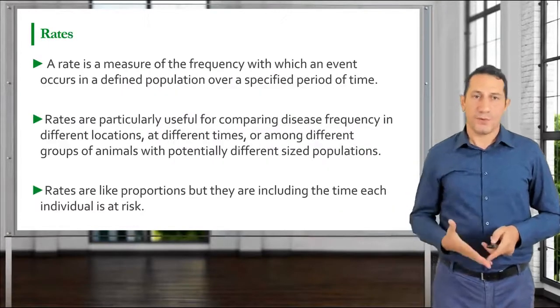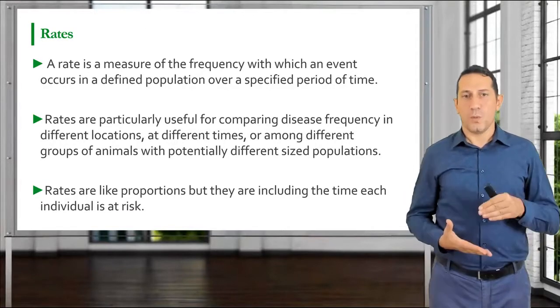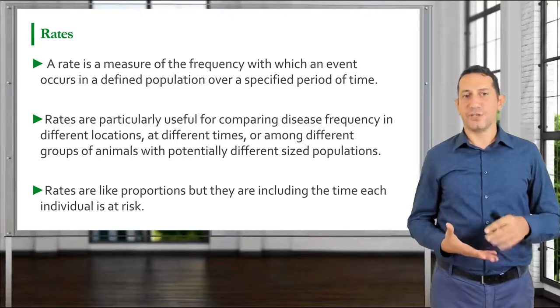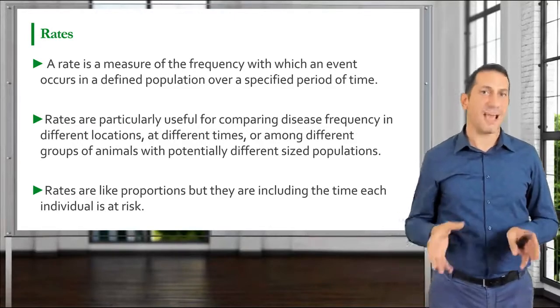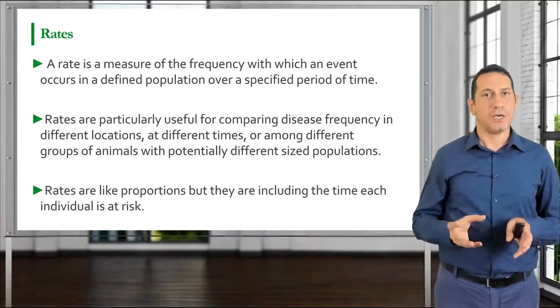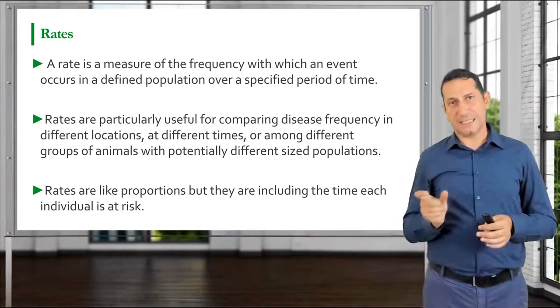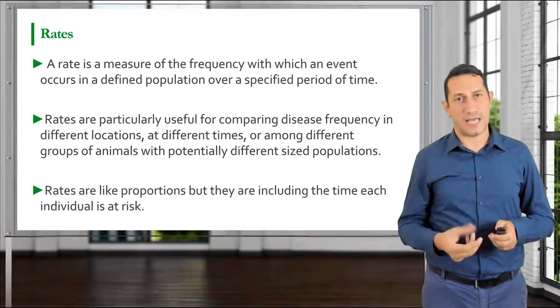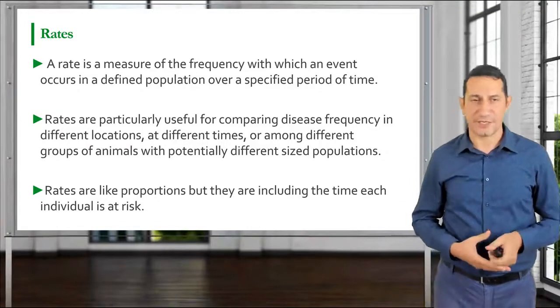We arrive to the rates, and a rate is a measure of the frequency of an event which occurs in a defined population during a specific period of time. And time is the very crucial point for a rate because the denominator of a rate has the time component attached to it, and that's what makes the difference from the other measures.